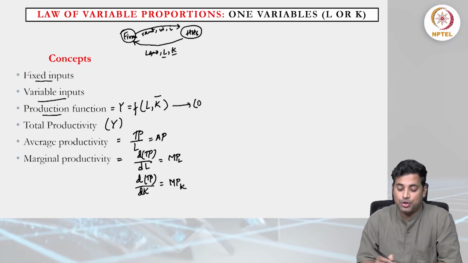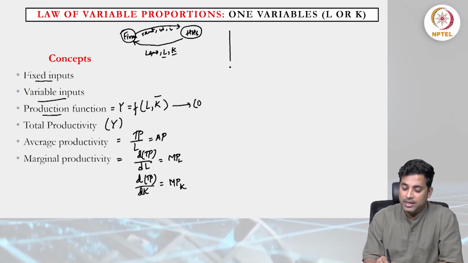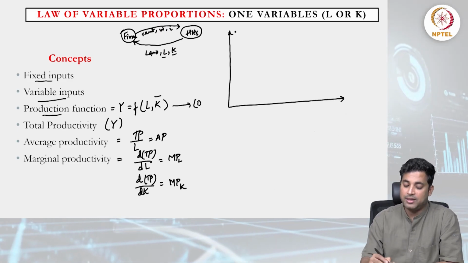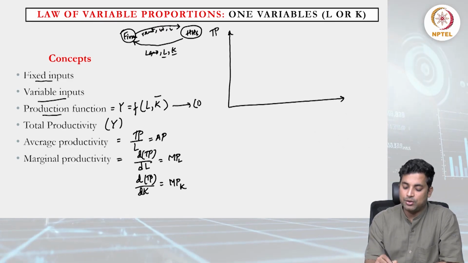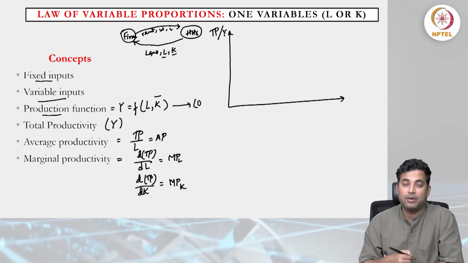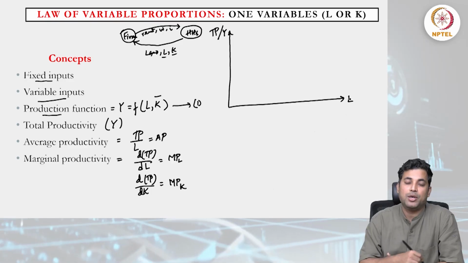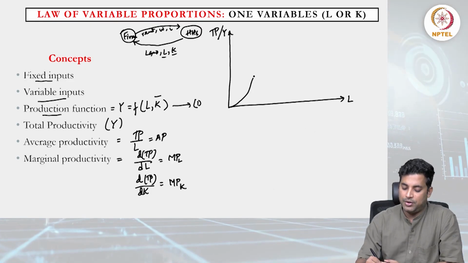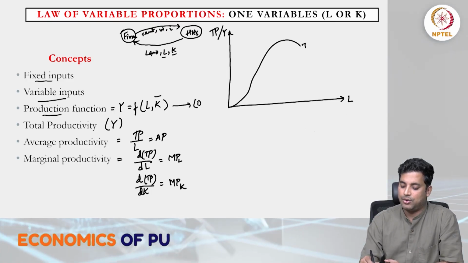So how can one draw this? This is what we need in our discussion as we proceed. If this is total productivity, which we represent with Y, and here we are keeping only L variable, then we draw this as total productivity.